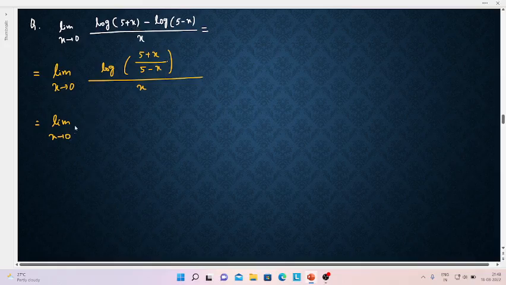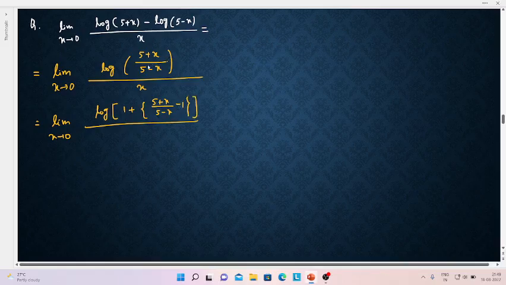So we have to make that logarithm of the function as log(1 + something). Let me write it as log of 1 plus (5 + x upon 5 - x minus 1). I can write (5 + x) upon (5 - x) as 1 plus ((5 + x) upon (5 - x) minus 1), because minus 1 and plus 1 will cancel out, and the denominator will be as it is.